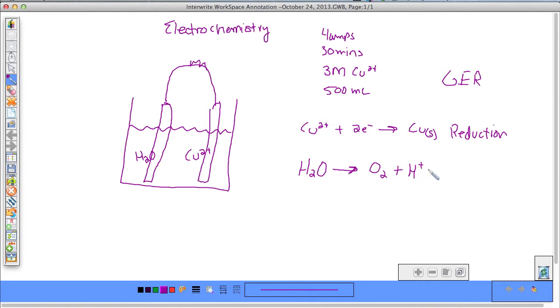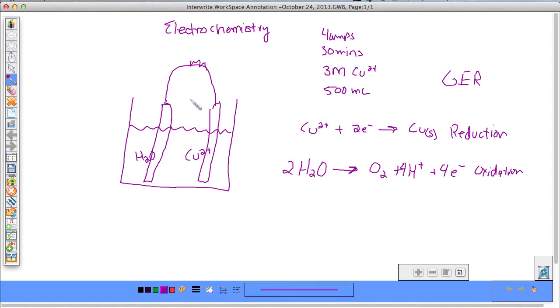So if we go to H+, that's where our electrons are coming from. Okay, so we have H+, and then that's going to be plus an electron. We do need to balance this. We got 2 oxygens here, so we have to put 2 oxygens here. That makes 4 hydrogens here, which is going to release 4 electrons. So here's the half reaction for my oxygen, and then this is going to be oxidation.